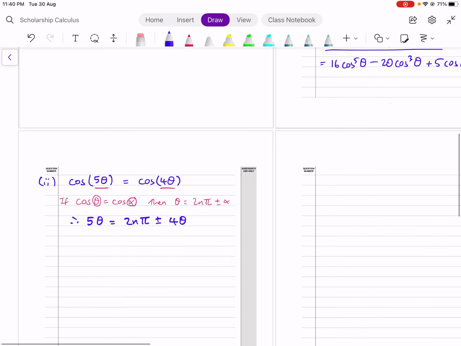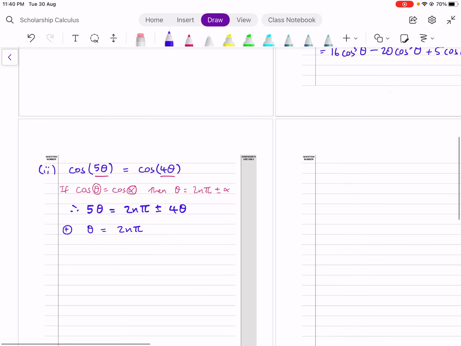And there's two cases, just like in the quadratic formula, there's a plus and a minus. So if we take the plus, it's 4 theta on the right, move it to the left, it will be theta equals 2n pi. And n is an integer, so we've got 0, 2 pi, 4 pi, and so on. If you take the negative, it's minus 4 theta on the right, which makes 9 theta on the left.